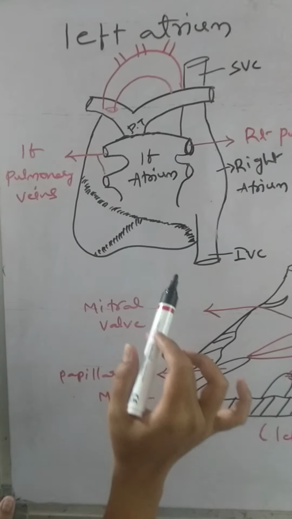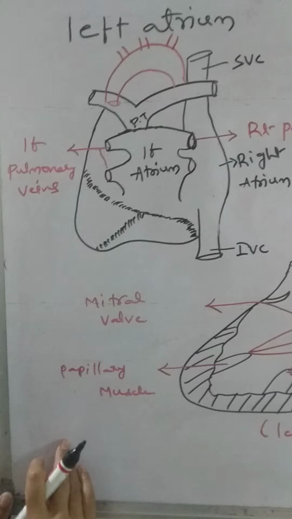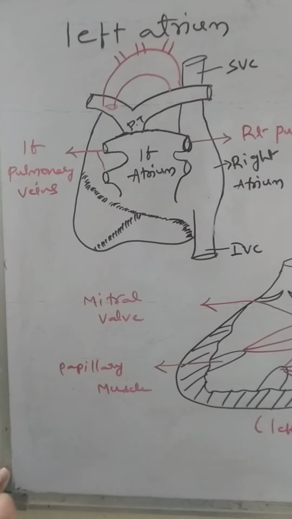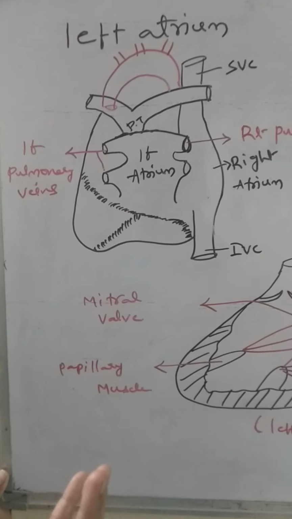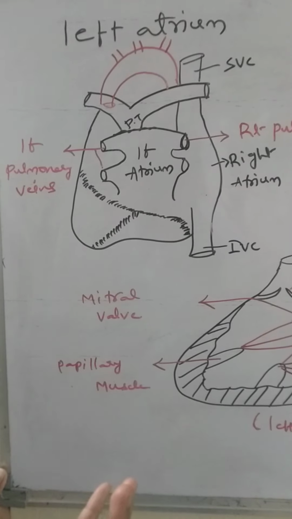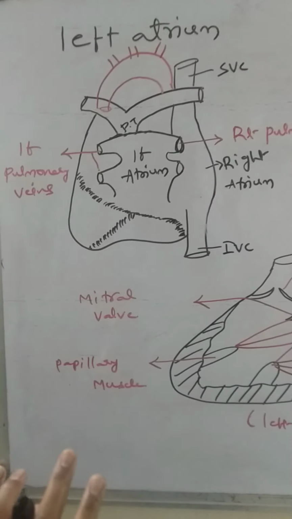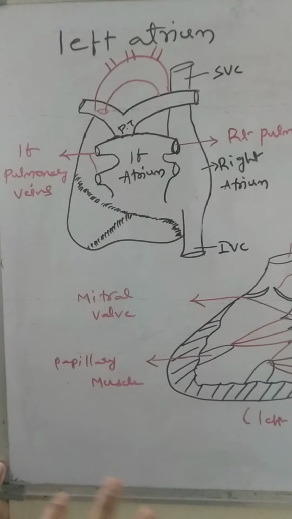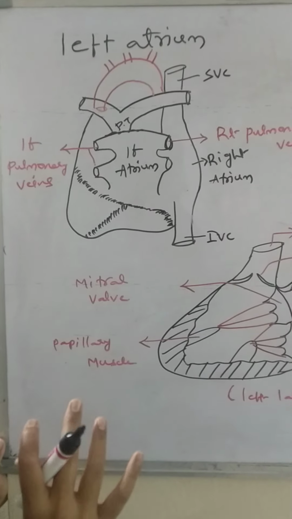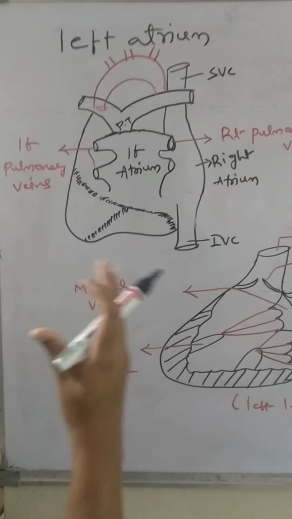That is the left auricle. Within the left auricle we have the musculi pectinati. That is about the external features of the left atrium.